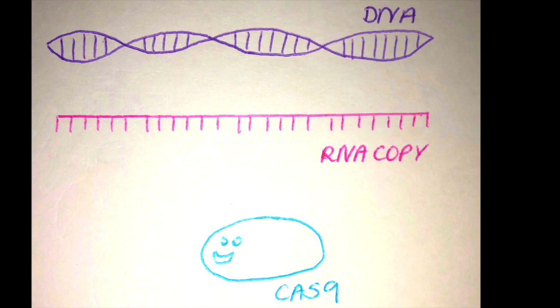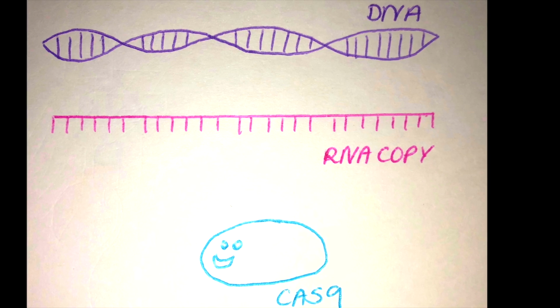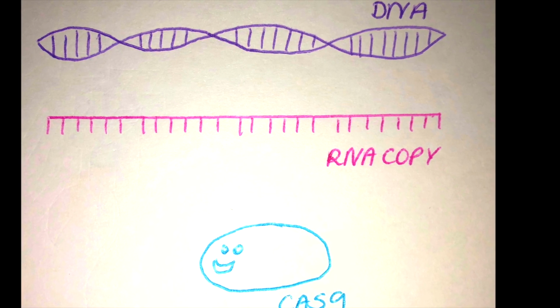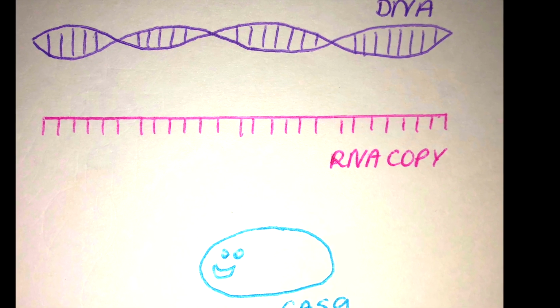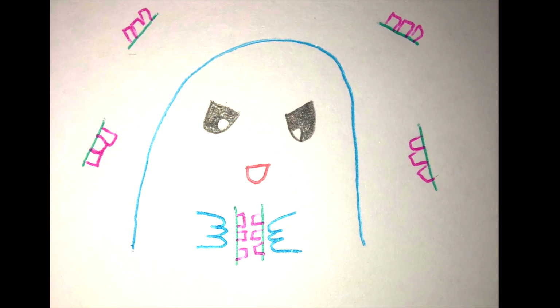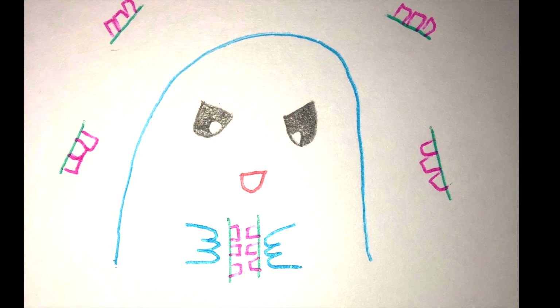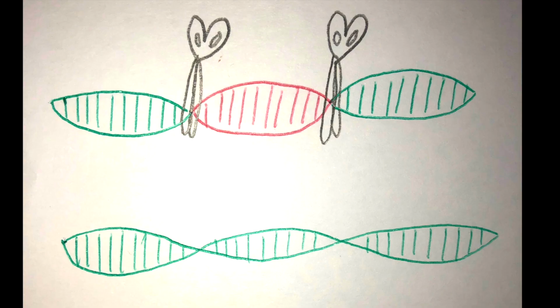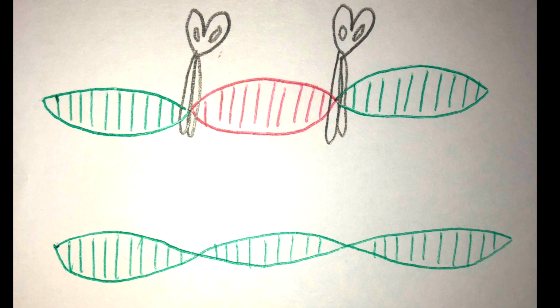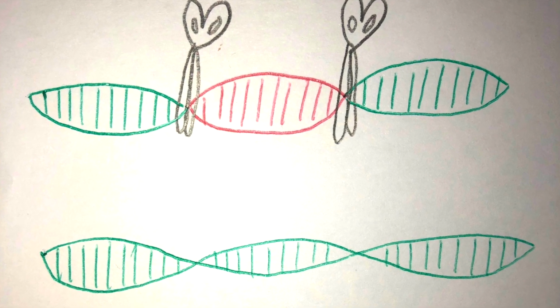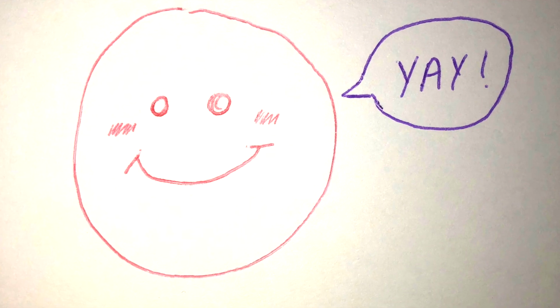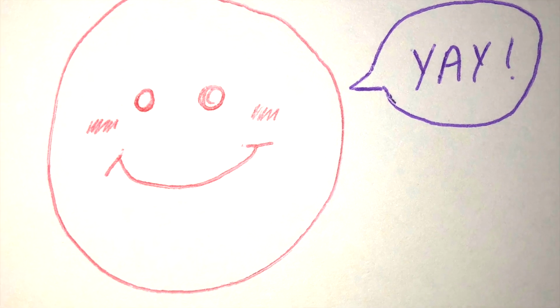When the virus invades again, the bacterium quickly makes an RNA copy from the DNA archived and arms a secret weapon, a protein called Cas9. This scans through the bacteria for any signs of the virus invader by comparing every bit of DNA to the archived piece. When it finds a match, it is activated and cuts out the virus DNA, making it useless. This protects the bacterium against the attack.